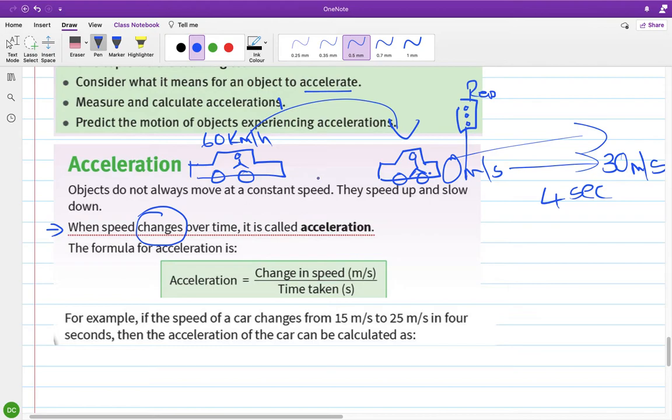Yes, it has. I've gone from travelling at 60 kilometers per hour to travelling at no kilometers per hour. So my speed has changed, which means this is also an acceleration.